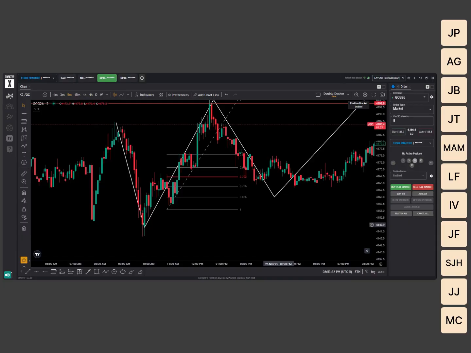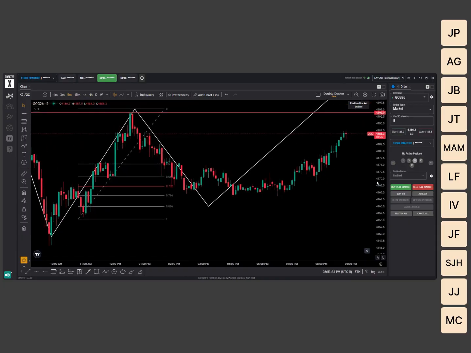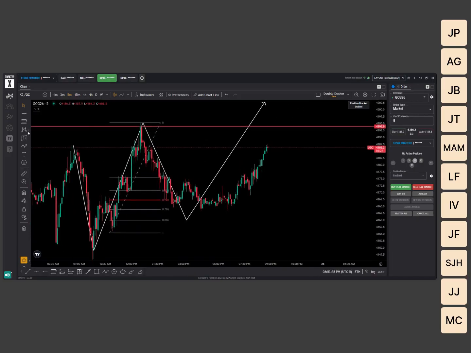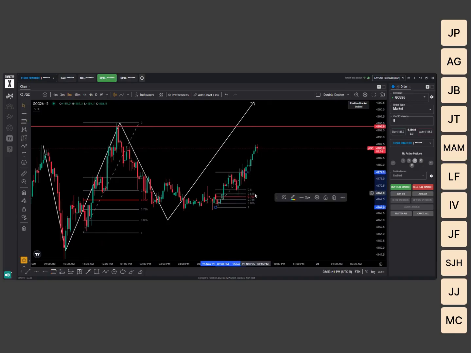You have to understand that if I was to put on three contracts for this trade right here, and I rolled this trade all the way up, 174 pips, right? Let me get my calculator out. Because how you make that bread is not hard.